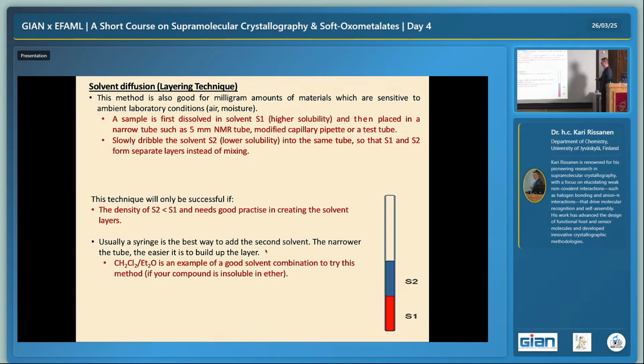But that is a very nice and neat technique. But this requires a really skillful person, because you have to be very careful layering the solvent, this S2, on top of that. You should not mix it here at all, because it will precipitate the compound. But that's a very nice technique, especially if you are not in a hurry and you can leave it for 1 month or 2 months in a nice place where there is no shaking.